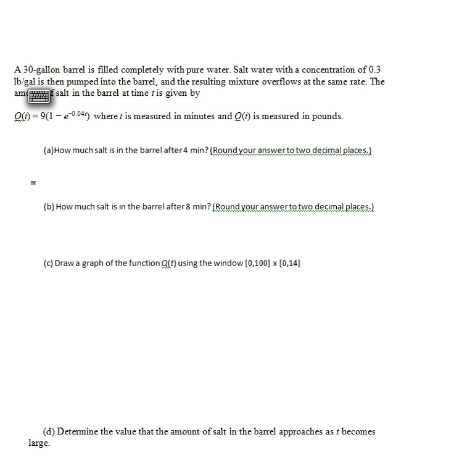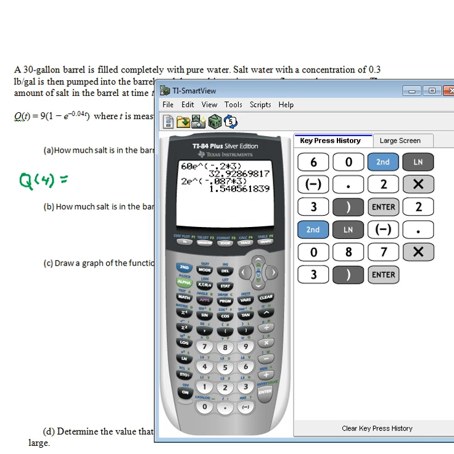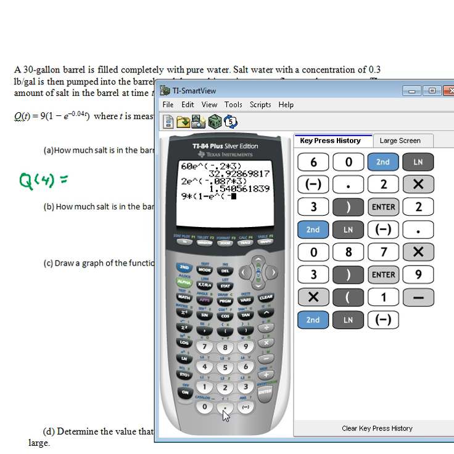And so we're going to be looking at Q of 4 this time. So it will be 9 times, open the parentheses, 1 subtract second ln negative 0.04 times 4 because our t is 4.